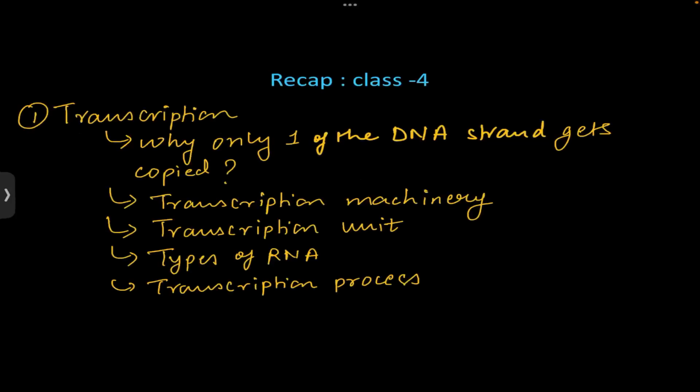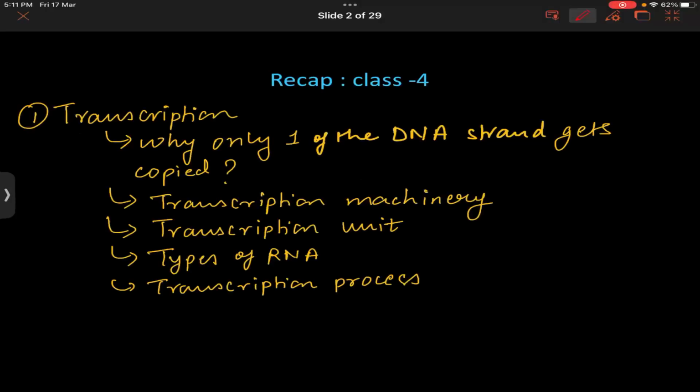So in the previous class, we talked about the process of transcription, all right? So we saw that in transcription, what is transcription basically? The process of copying genetic information from a certain segment of the DNA into RNA. Here we saw why only one of the DNA strands gets copied, not both the strands, right?